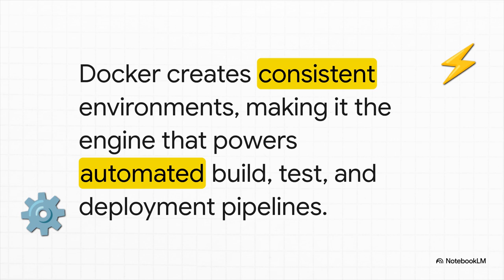Because containers create a predictable, consistent environment every single time, they are the perfect tool for automating the entire pipeline of building your code, testing it, and deploying it. For so many companies, this has meant cutting deployment times from hours of stressful manual work to just minutes of automated, reliable releases. This is how modern teams ship better software faster.